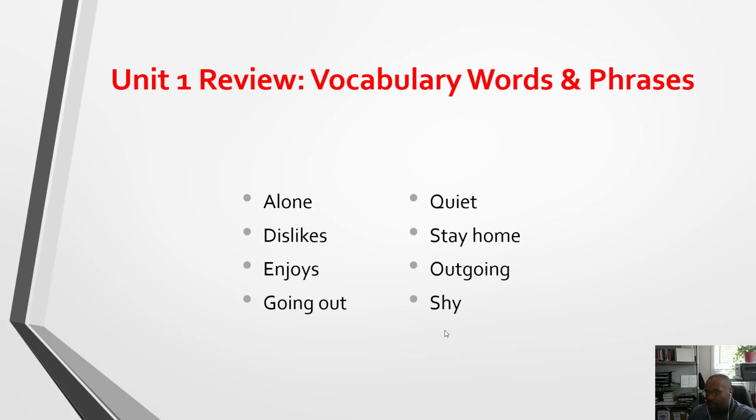These are pretty common ones that we would use. Some are adjectives for personality traits, and some are gerunds, like going out and outgoing. They are nouns that we would use to describe people.